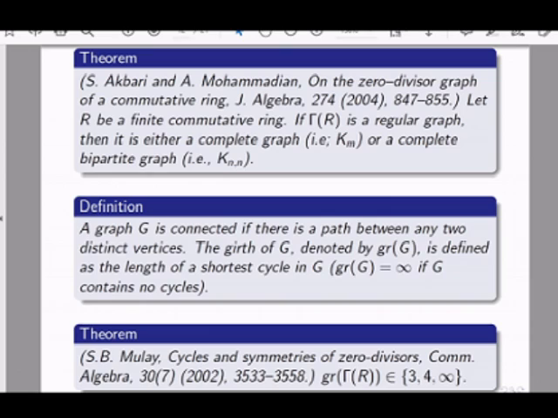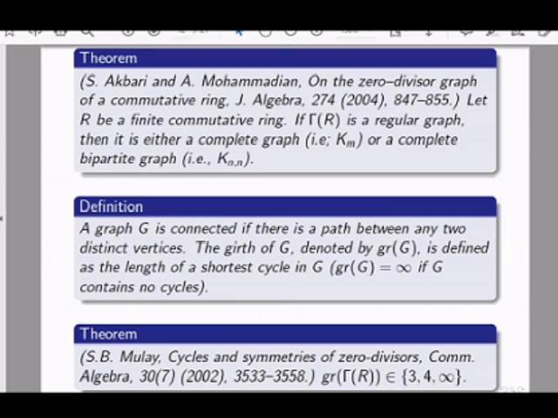In fact, the first one has many fingerprints in graphs attached to rings. He has many contributions to this field, the one I'm talking about, in many graphs, but in particular the zero divisor graph.